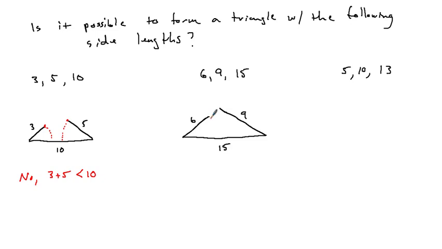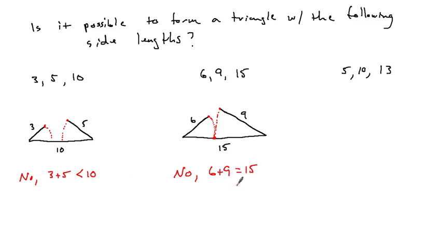And the problem here is that as we take these two ends and we start trying to fold them in together, well, what's going to happen is they're going to land in exactly the same spot. And what we'd be dealing with is just two sticks that are exactly 15 long laying on top of each other. So do these three make a triangle? The answer is no. And we'd say 6 plus 9 equals 15.